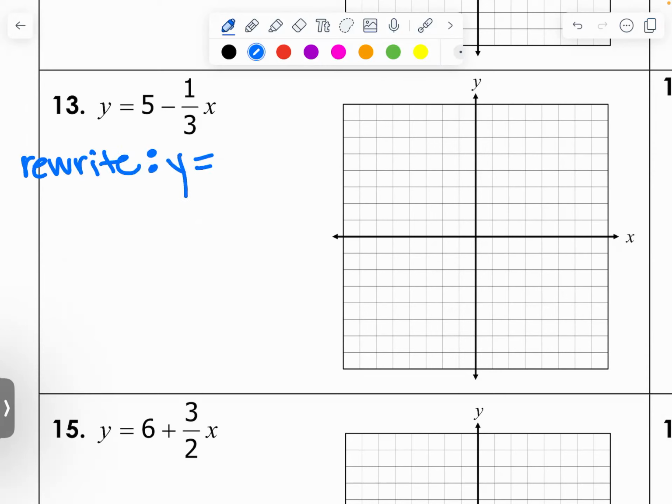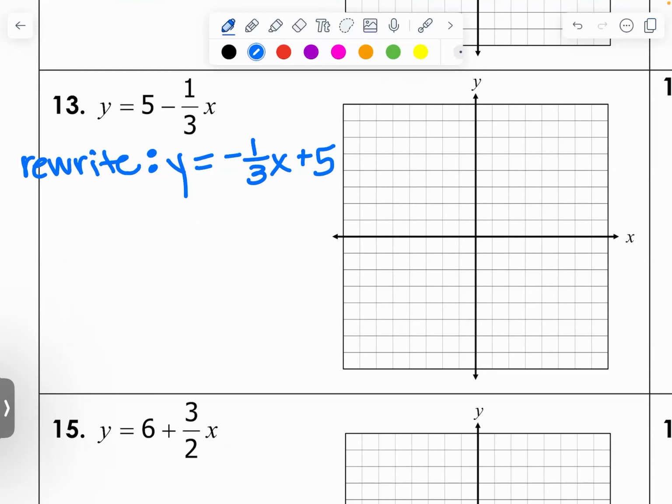What is our m? Ooh, good job. Reagan was not tricked. -1/3 x plus 5. That minus has to stay with the 1/3. The 5 is positive. So when we rearrange it, we have -1/3 x plus 5.